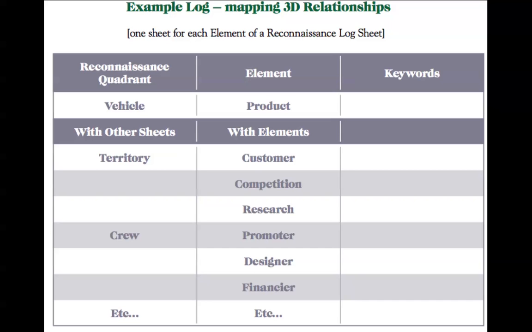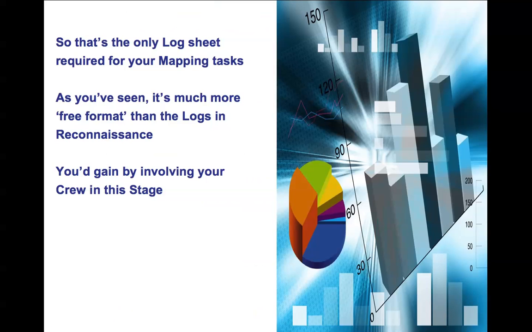At the end of the whole mapping exercise, I'll have a series of logs, potentially one for each reconnaissance element, but more likely, certainly for the first time, I'll only have mapping logs for the more obvious ones. So that's the only log sheet that you require for your mapping tasks.